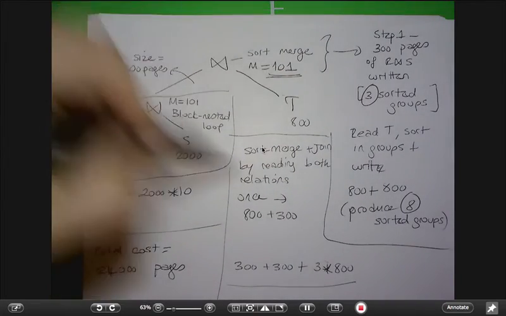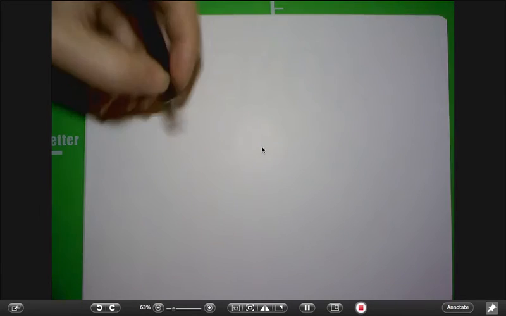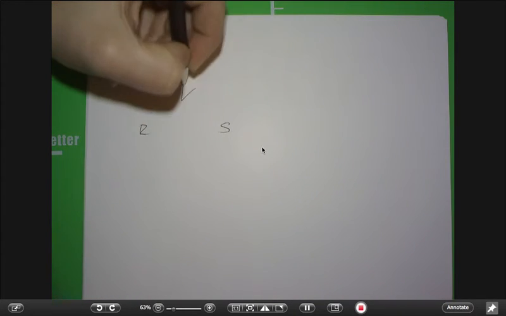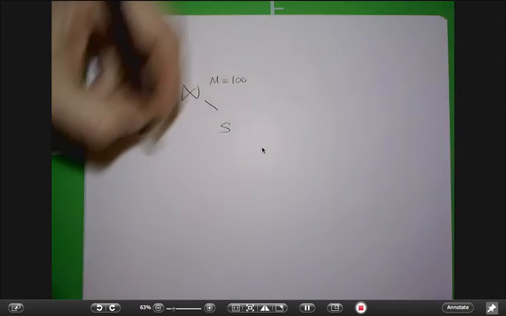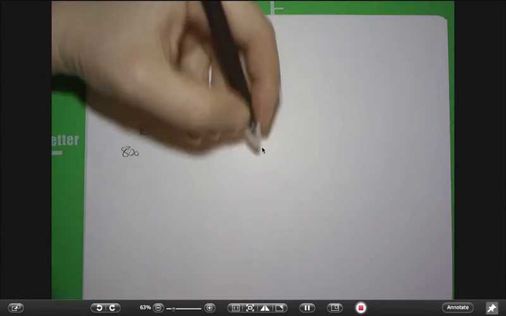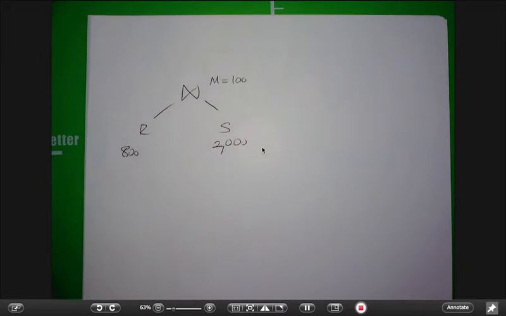Sort. Okay. So let me try to do it with a separate example. Suppose you have R join S, and you have 100 blocks of memory here, R is 800 pages, and S is 2,000 pages. And I want to do sort merge join.